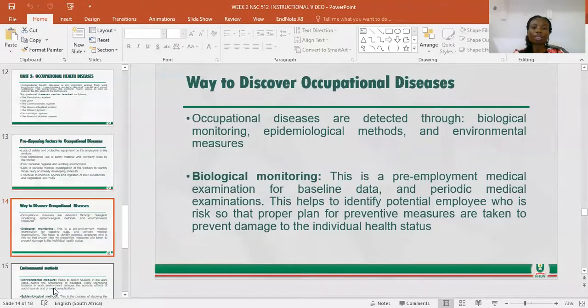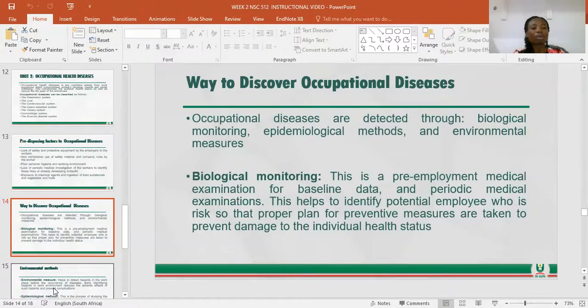Biological monitoring is very essential, environmental measures, as well as epidemiological monitoring. What do I mean by biological monitoring? Like I earlier mentioned, pre-employment medical examination, as well as periodic medical examination.